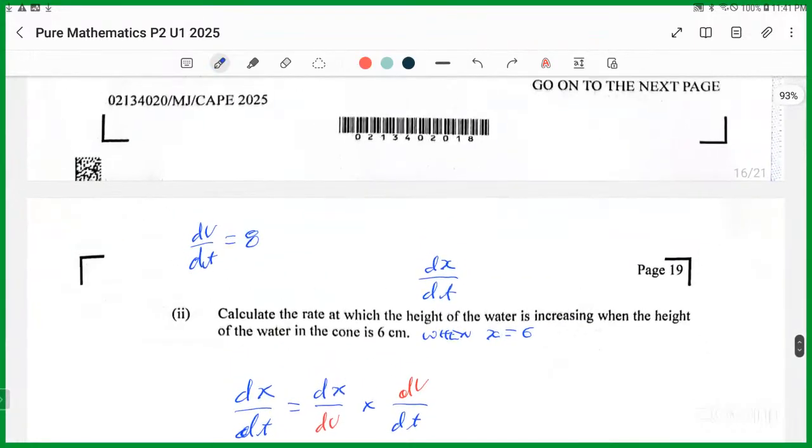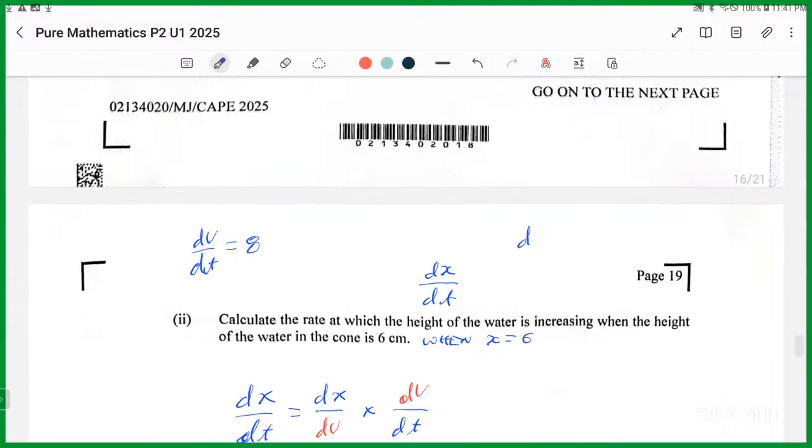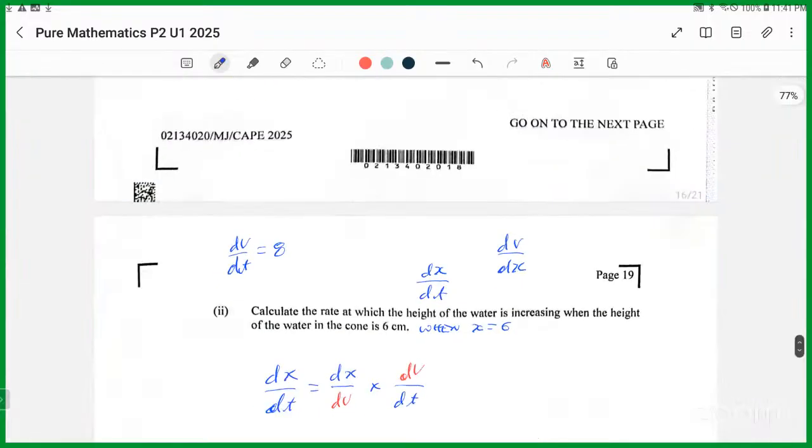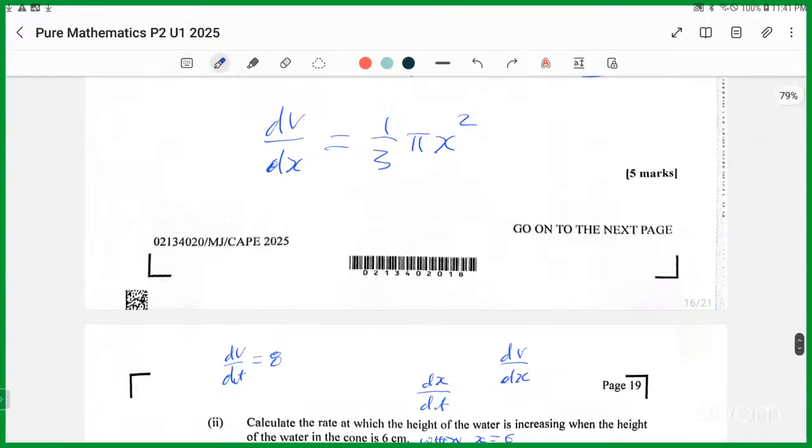Let's write over here dV by dx. Because this is a fraction, I'm going to write this as pi x squared over 3.